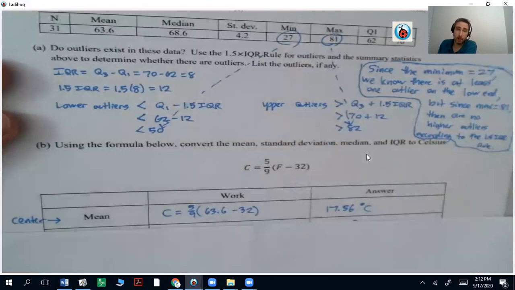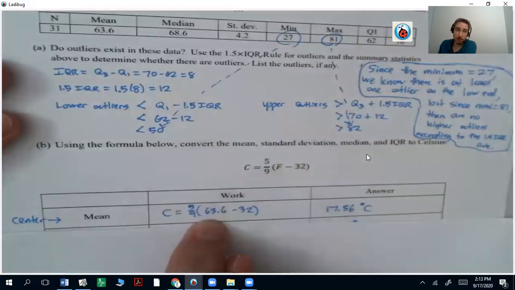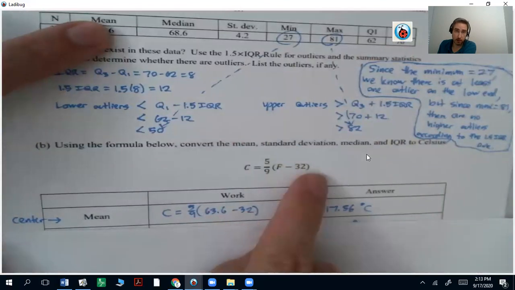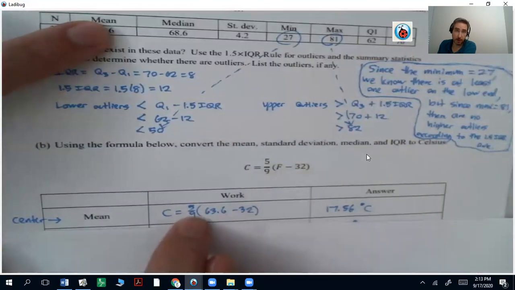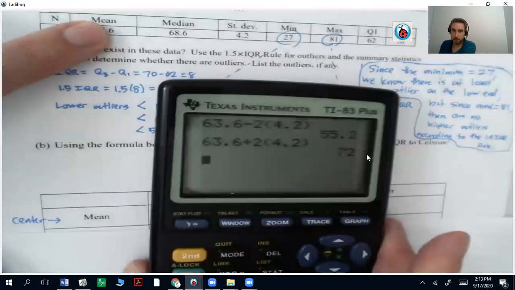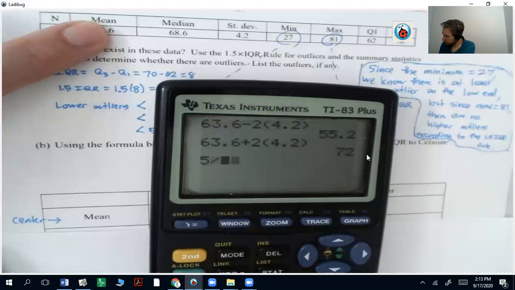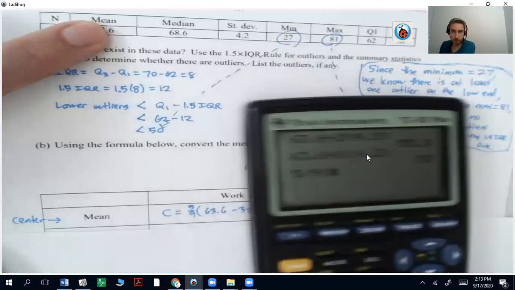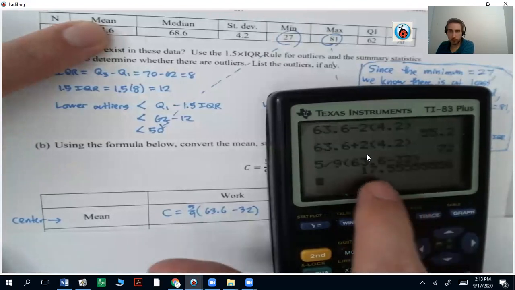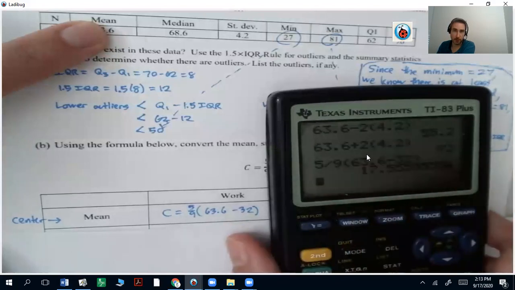So if I'm plugging in my mean of 63.6 into that formula, I want to subtract the 32, and then multiply by 5/9. You're going to get a Celsius answer of 17.56. Double check that in your calculator. So 17.5 or 17.6 would be fine.